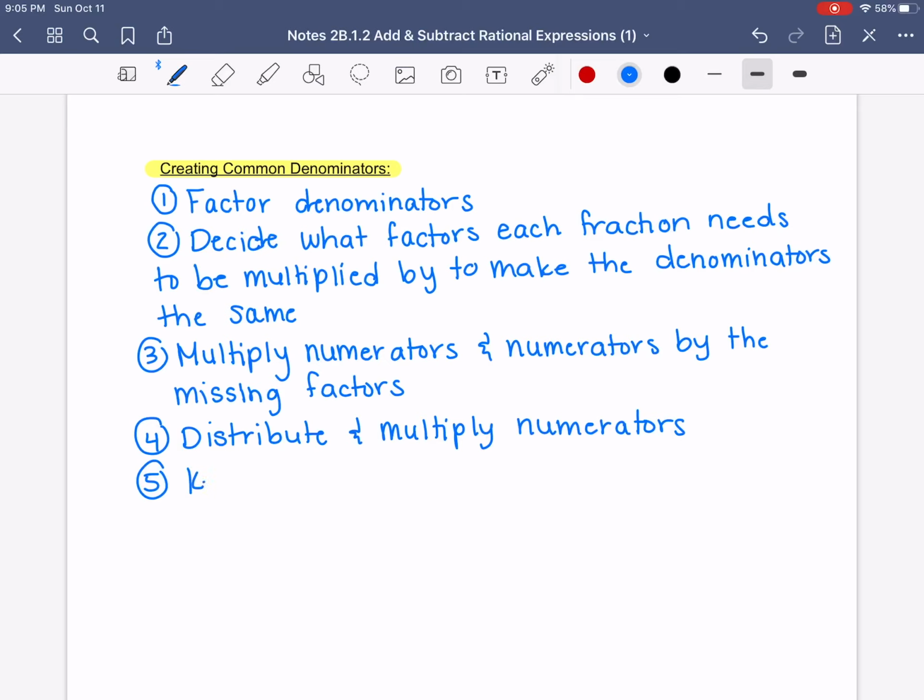Then keep the denominators the same and combine like terms in the numerators.